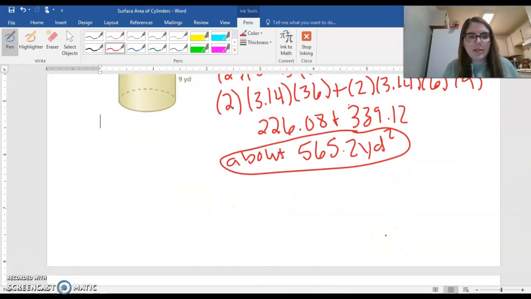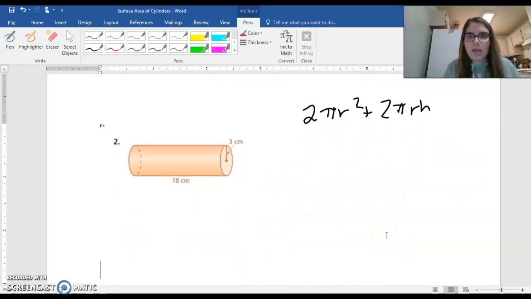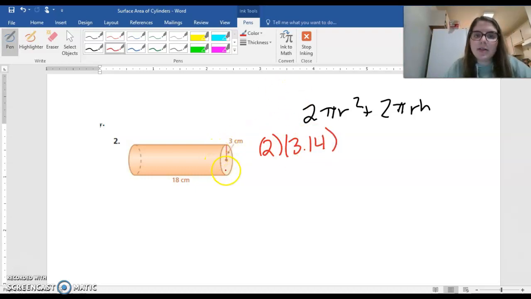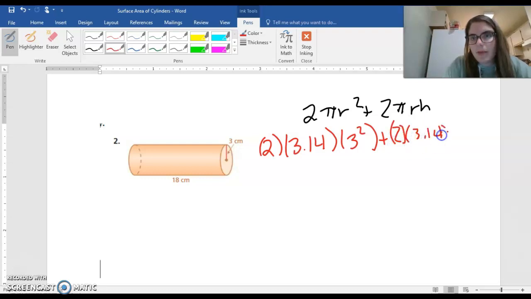All right, on to the next one. Again, we have our formula: 2 pi r squared plus 2 pi r h. We're going to plug in our numbers. So we have 2 times 3.14 times our radius. We can see in our circle right here, our radius is 3. So 3 squared plus 2 times 3.14 times our radius, which was 3, times our height, which was 18.